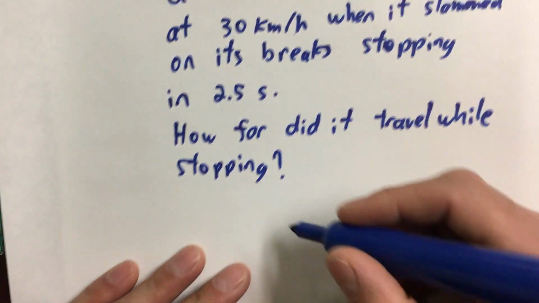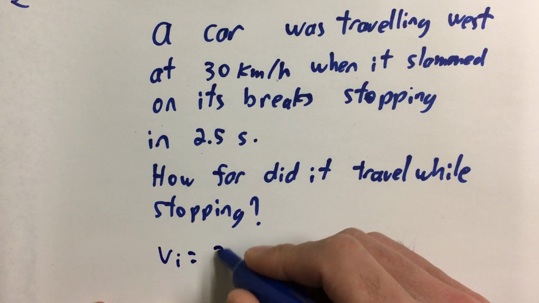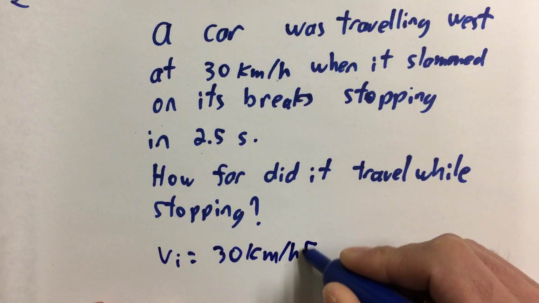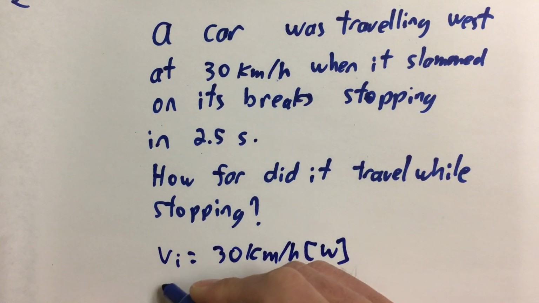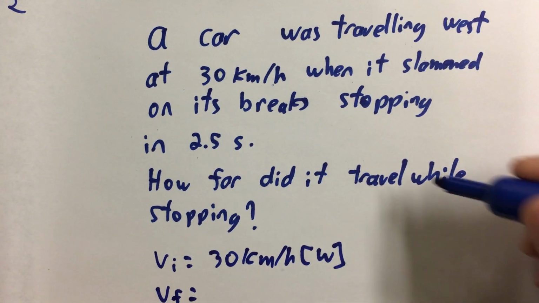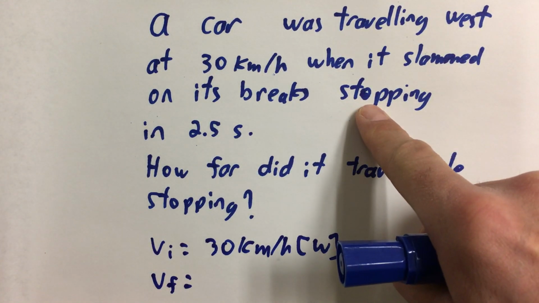Okay, so what do we have here? We've got an initial velocity of 30 kilometers per hour west. Do we have a final velocity? We actually do. We don't see a number anywhere here for the final velocity, but we do hear that it stopped.